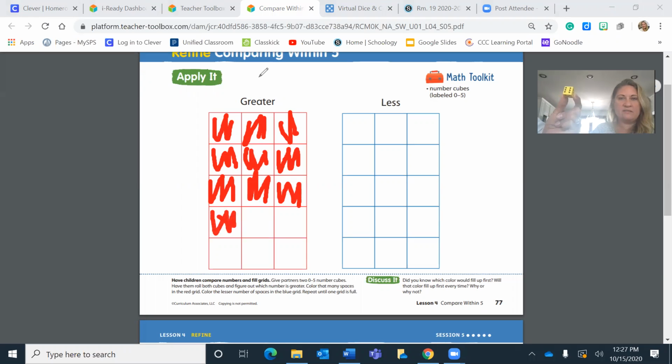And before, Miss Diaz did have 3. 1, 2, 3. And this time she had rolled 2. 1, ooh, sorry, got a little messy there. 2. All right, time to roll again.